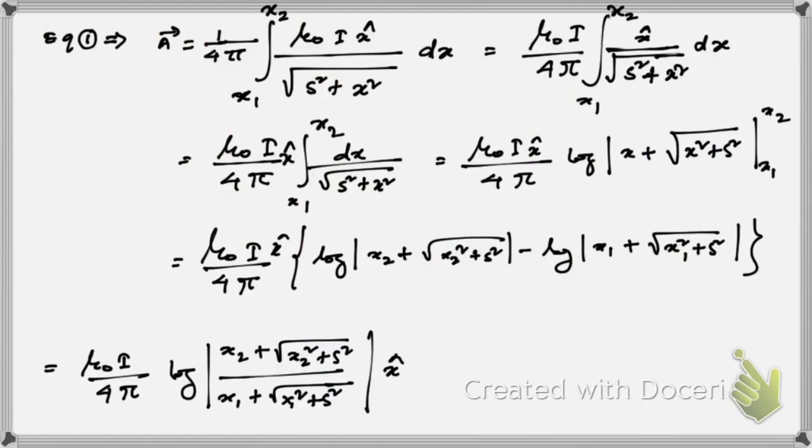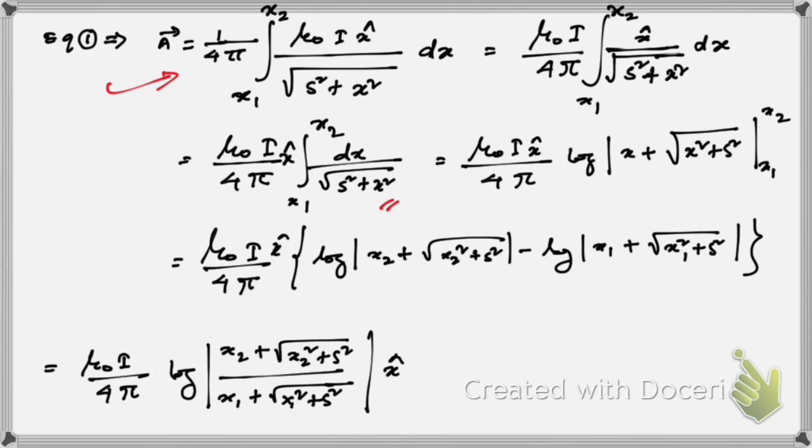So equation number 1 reduces to this form, right? Now let me take out the constant terms outside the integral. Here x cap is a unit vector. Let me take this one also outside the integral. So we have got this.